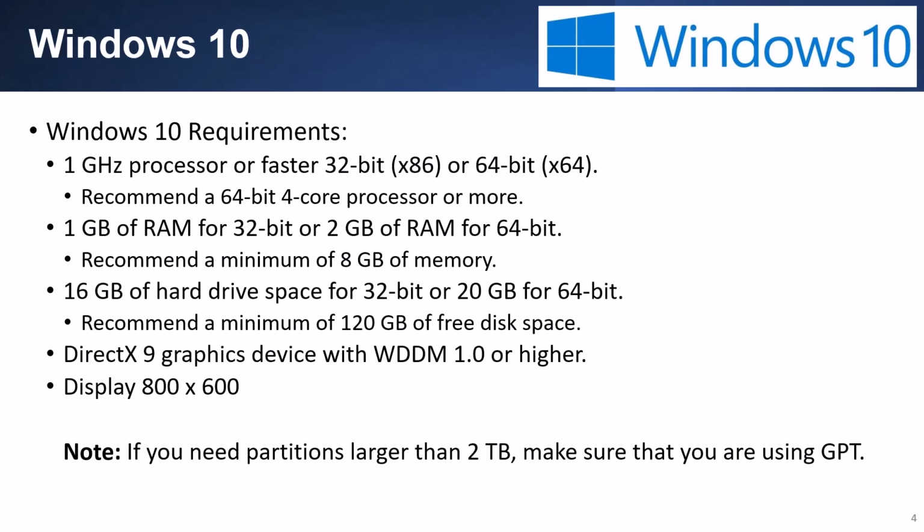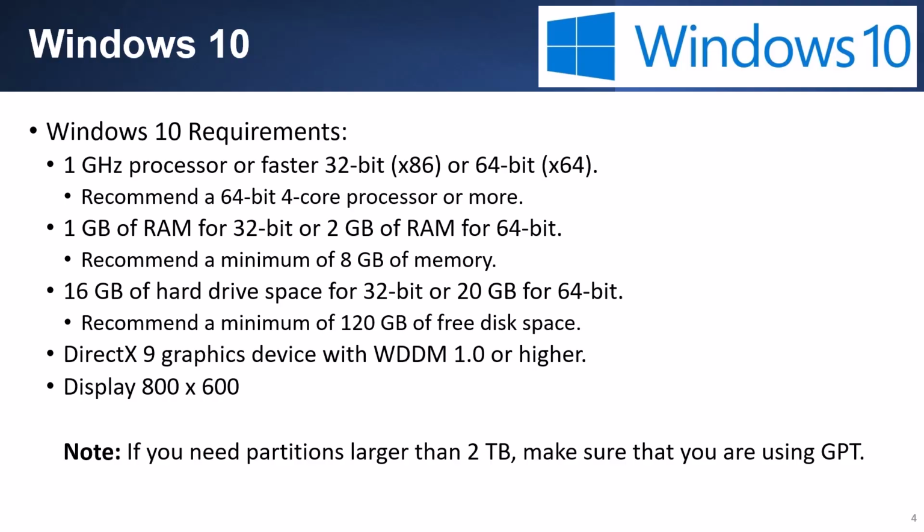For the requirements of Windows 10, first you will need a 32-bit or 64-bit 1 GHz processor. It is recommended to have a 64-bit 4-core processor or better. Second, you need to have 1 GB of RAM for 32-bit or 2 GB of RAM for 64-bit. It is recommended to have a minimum of 8 GB of memory.